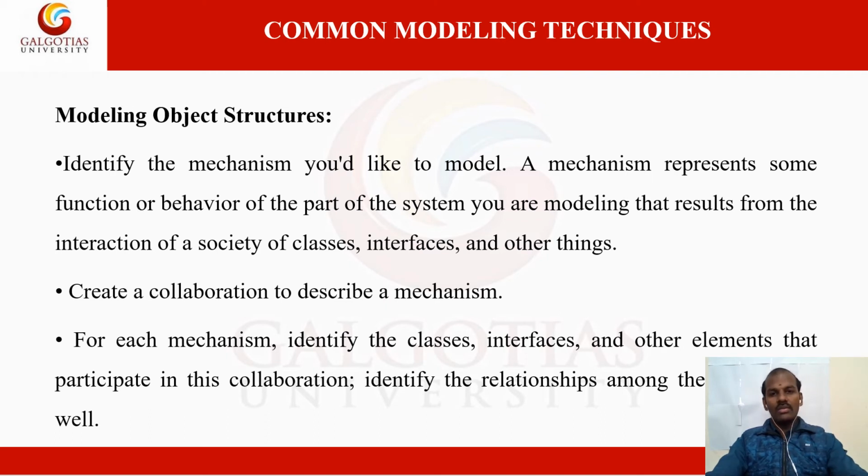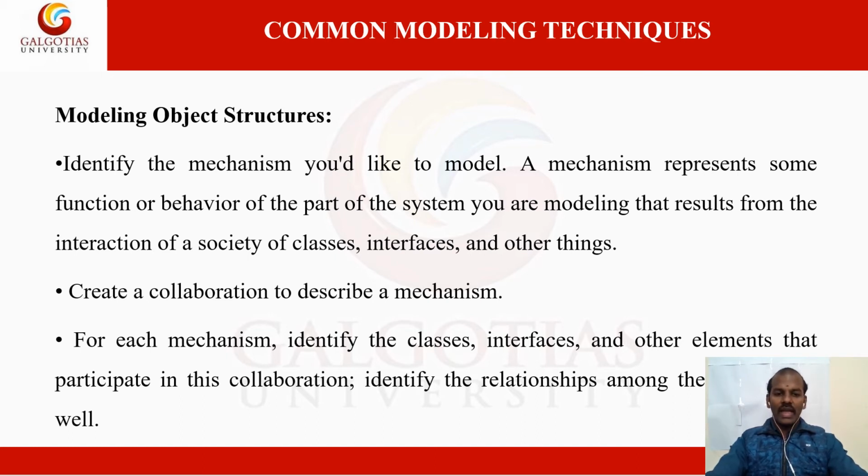This brings us to the modeling of an object structure, and you create a collaboration to describe a mechanism. If you want to use efficient modeling techniques, then obviously you are supposed to create a collaboration to describe your complete mechanism. That will be helpful for communication from one object to another object.